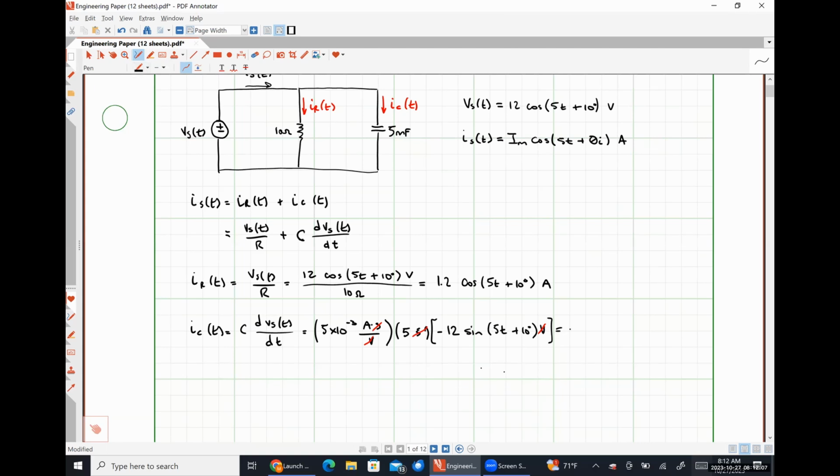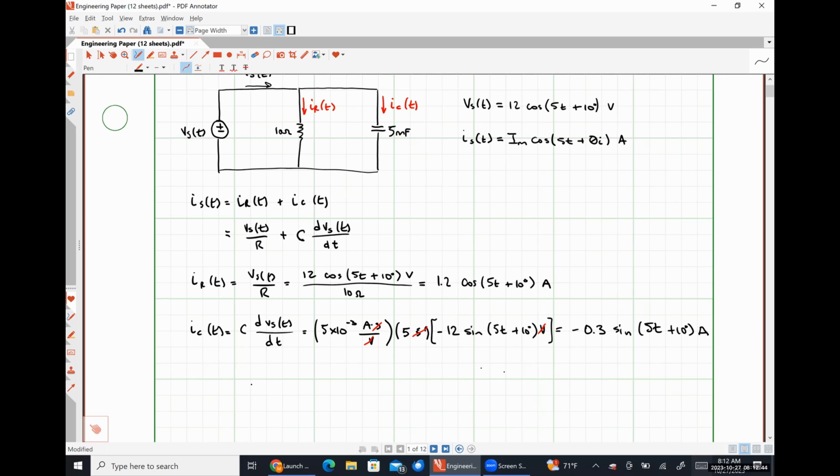I'm going to have to throw this into my calculator because I accidentally wrote something down wrong and I don't want to correct it. 5 times 10 to the minus 3 times 5 times negative 12 gives me negative 0.3 sine of 5t plus 10 degrees amps.